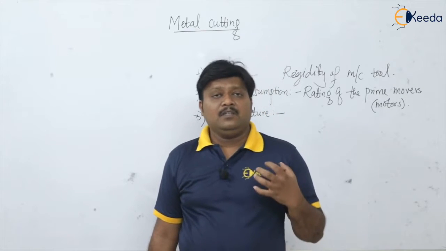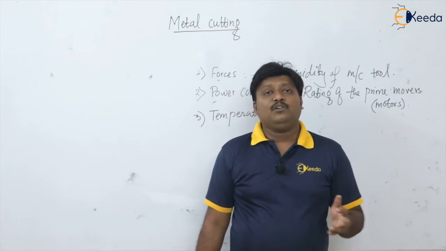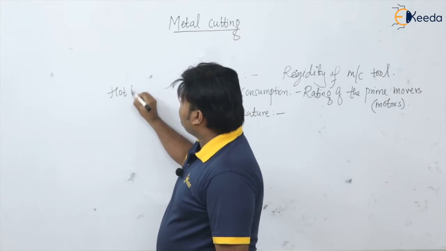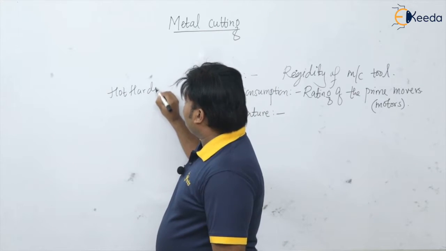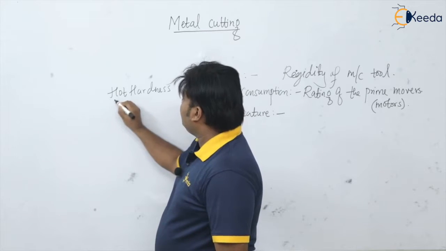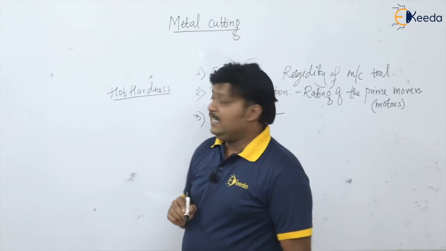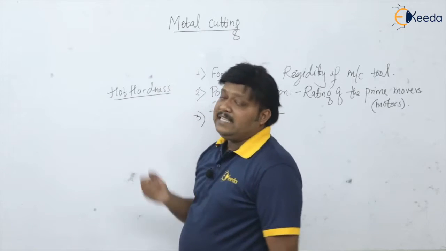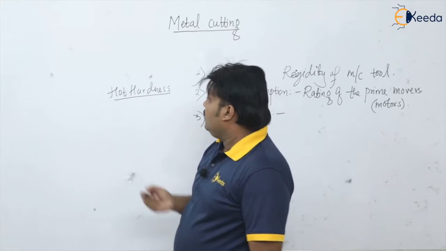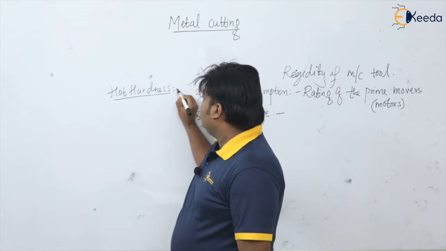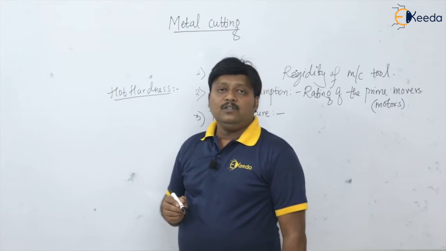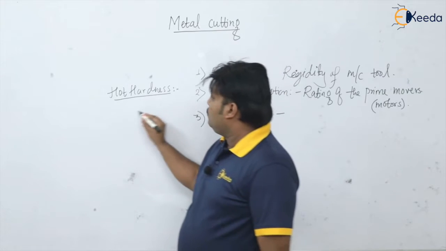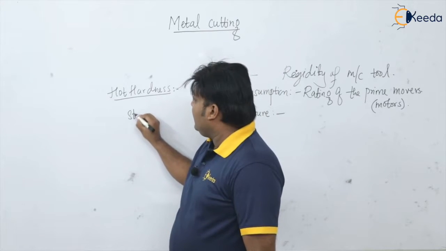For example, for the tool material, the important property is the so-called hot hardness. This is nothing but the hardness of the tool material at the highest temperature. Or simply you can define it as the ability of the tool material to withstand high temperatures without losing its strength and hardness.